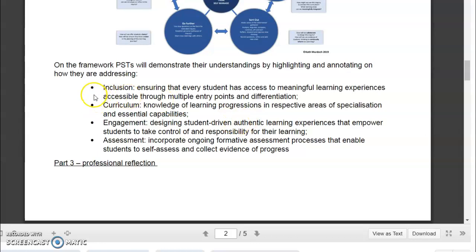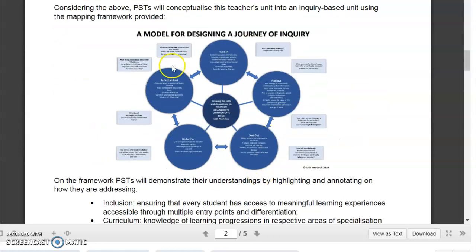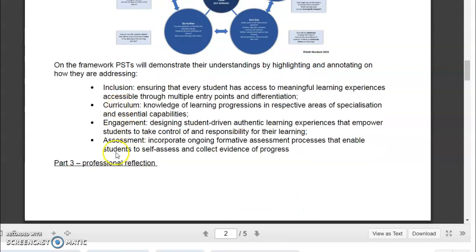Now it's clear that you need to address inclusion, curriculum, engagement, and assessment somewhere in the framework, or in these sections here. Okay, so I'll be looking for those 4 things on the whole sheet of paper. So let's look at inclusion first.